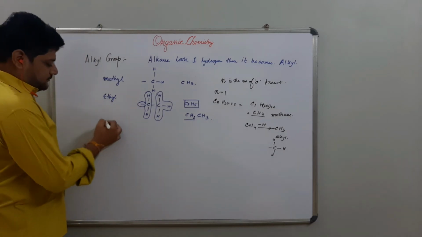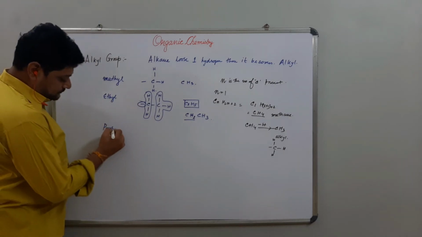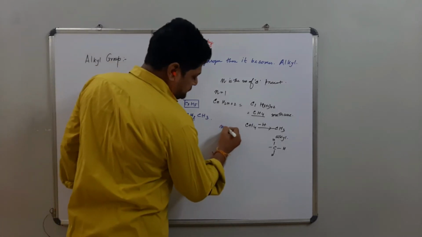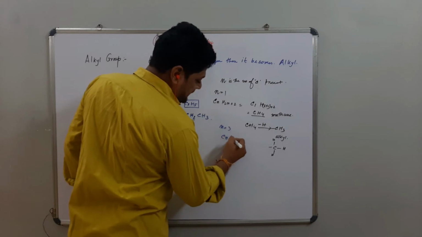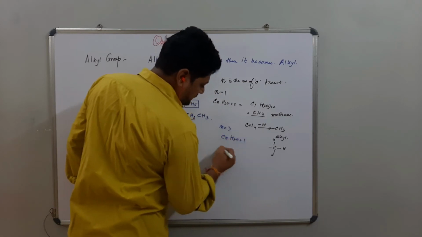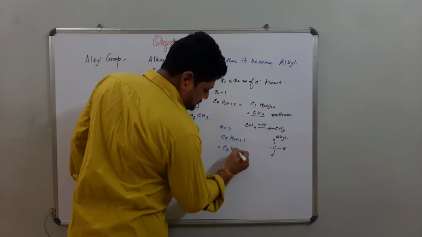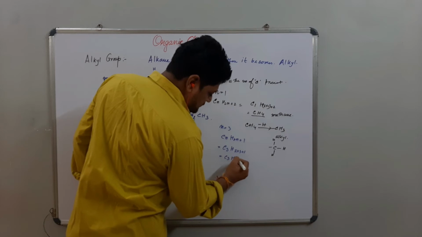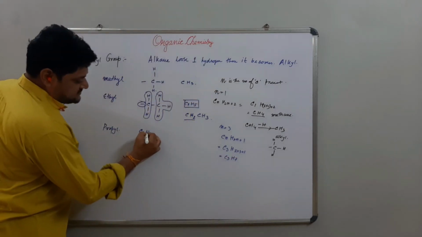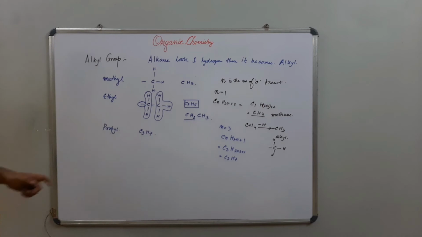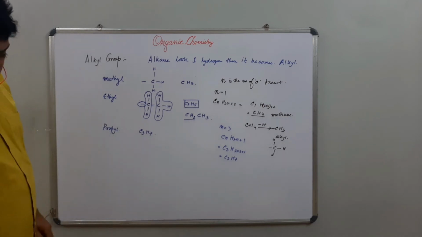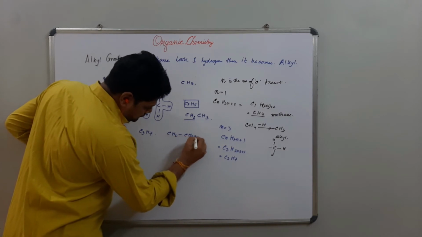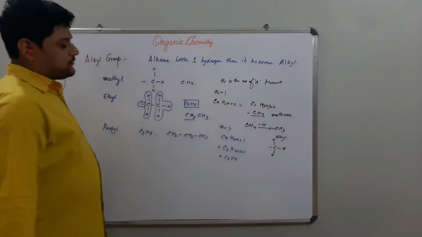So what is propyl? It is C3. If n is equal to 3, then CnH2n+1 becomes C3H, 2 into 3 plus 1, that is C3H7. If you abbreviate it, it becomes CH2CH2CH3.